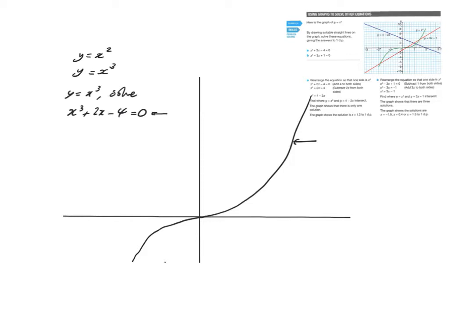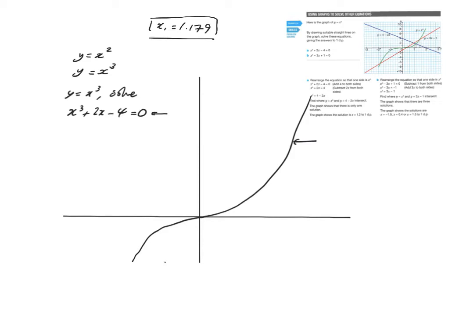I've got 1x cubed, no x squared, 2x and negative 4. And it gives me the answer, according to my calculator, x1 is 1.179, and x2 and x3 are complex numbers, so we don't need to worry about those. The only answer we're going to be looking for is this one right here.